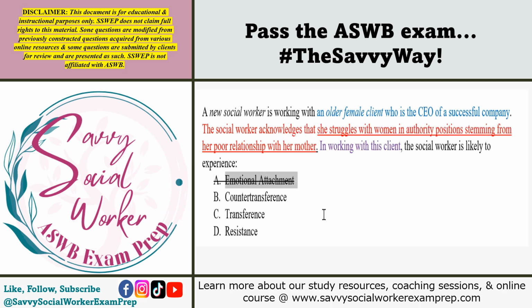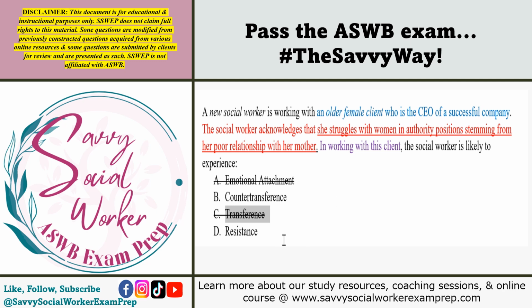Countertransference. So we know that countertransference is when the therapist exhibits certain feelings toward the client. So this is a possibility. Transference is just the opposite, when the client is exhibiting certain feelings towards the therapist, which is not taking place here. So we can eliminate that. And then the last one is resistance. Is this a form of resistance? Is she likely to experience resistance to this client because she struggles with women in authority?